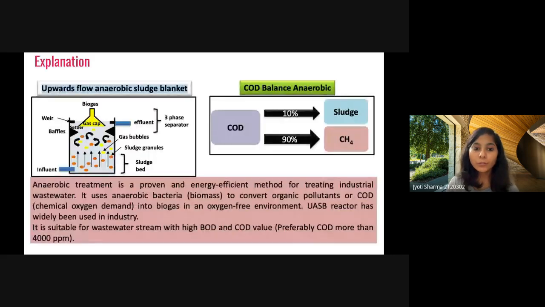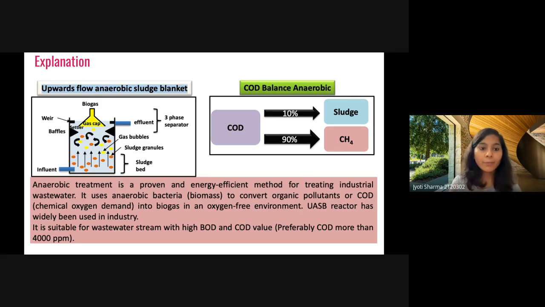But before that, you must see the principle of this UASB. So this is something like, influent enters at the bottom of that container. The polluted water will come into that container.